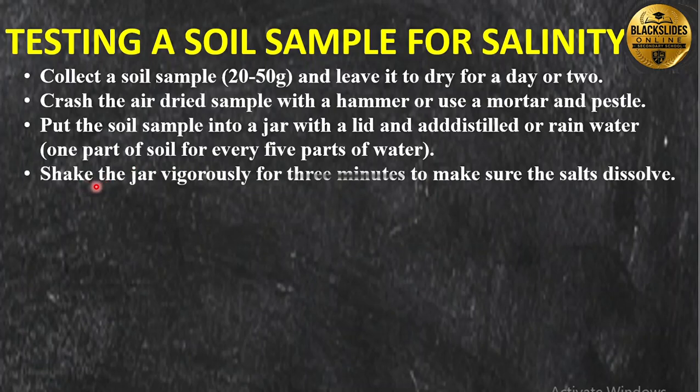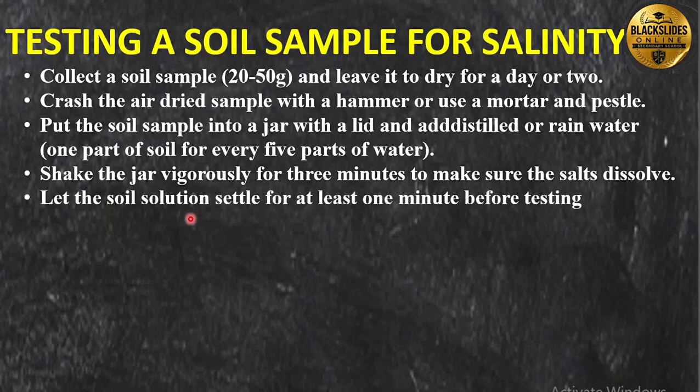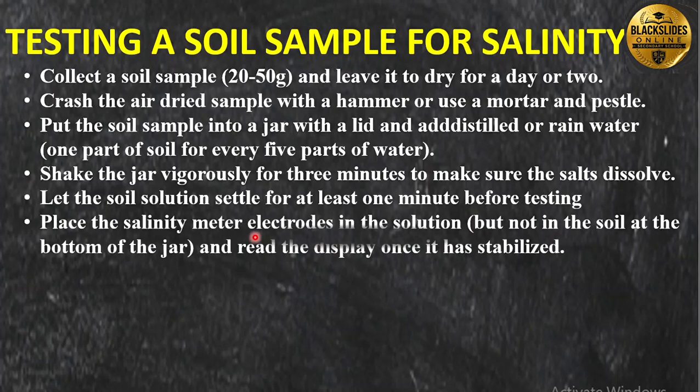Then shake the jar vigorously for 3 minutes to make sure the salts dissolve. And then let the soil solution settle for at least 1 minute before testing. Once that is done, place the salinity meter electrodes in the solution. This is a special tool for testing the saltiness of water.